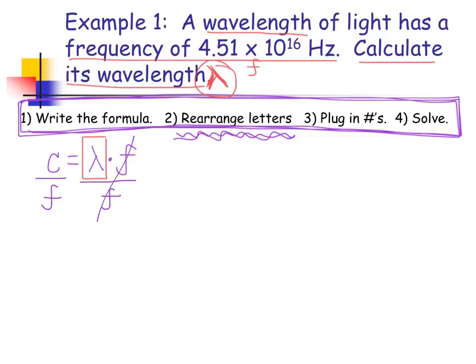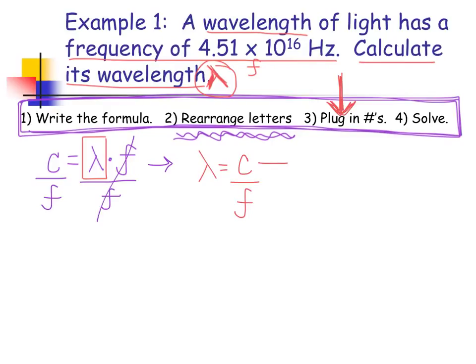My high school algebra teacher, I really took it in 8th grade, would have made us then rearrange this, and I'm going to do it just because it looks prettier. Wavelength is equal to C over F. So I've rearranged my letters. Now it's all pretty. I am ready for step 3, which is the easy part. We just did the hard part, coming up with my new letters. Plug in your numbers and solve.